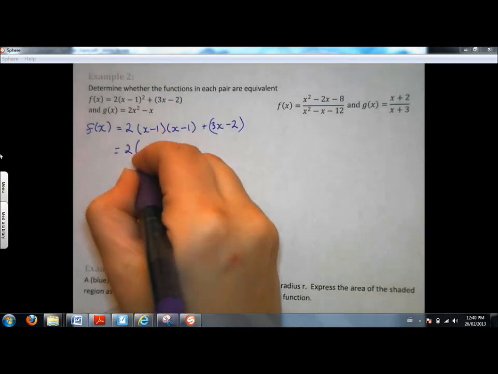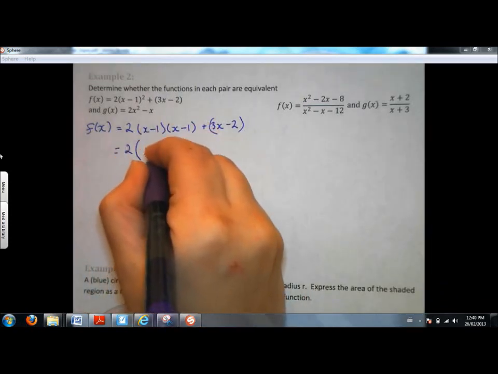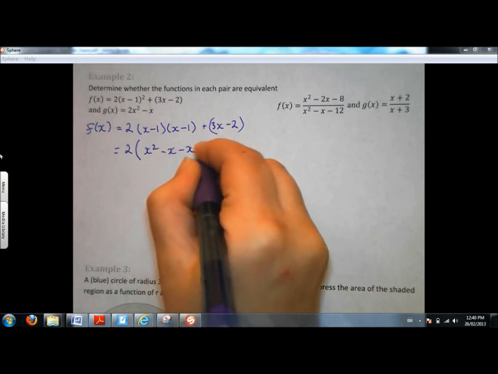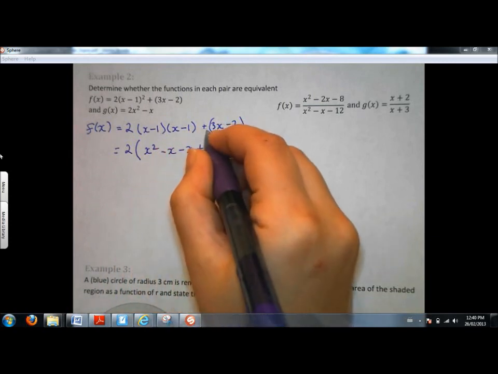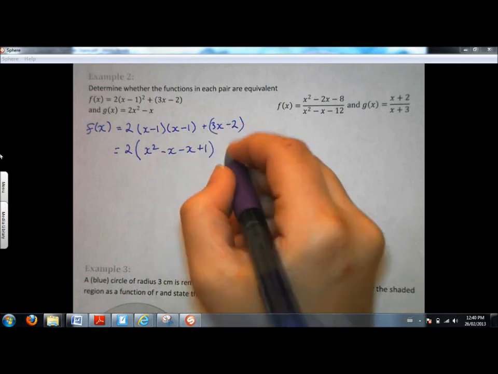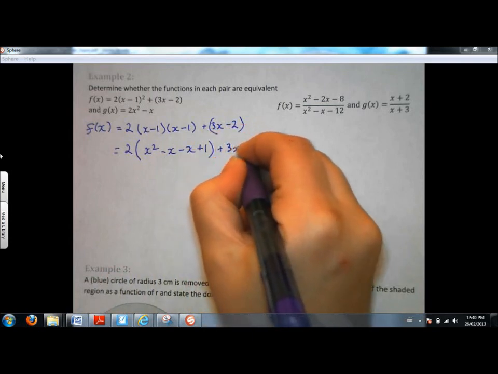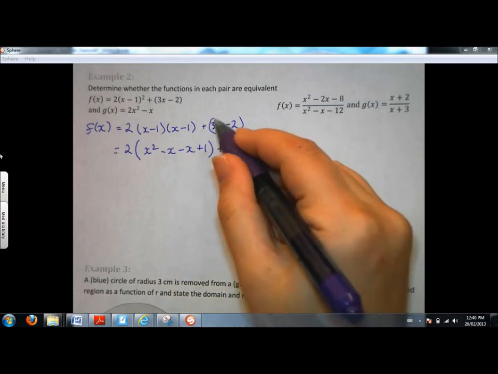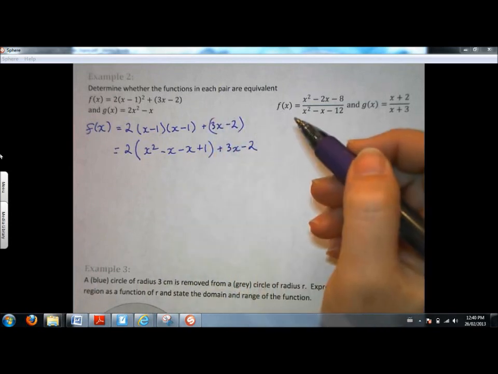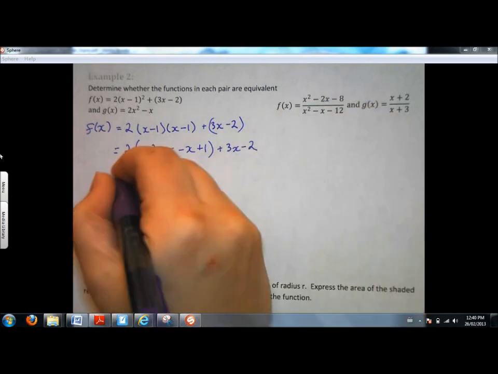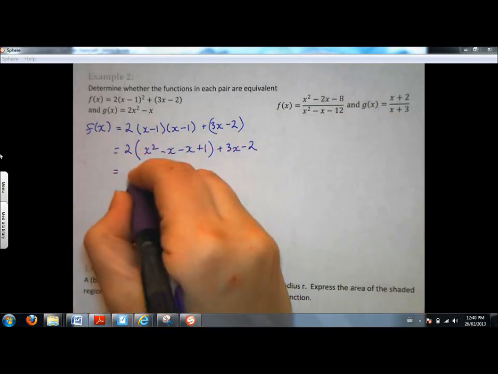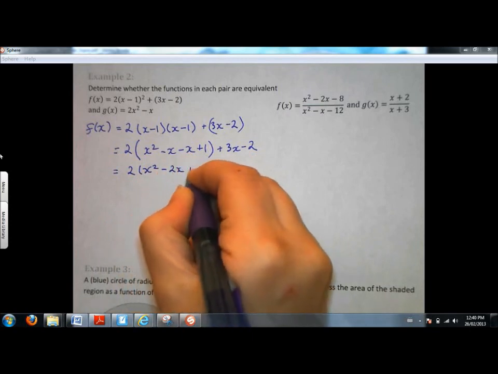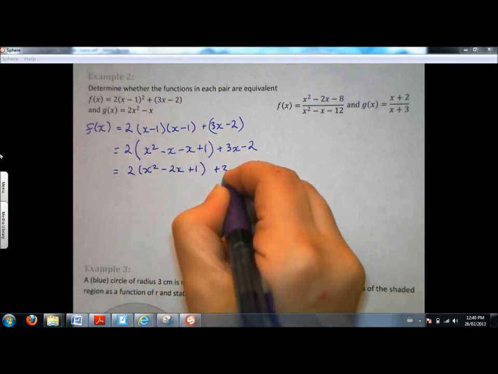I'm going to get 2 times x squared minus x plus 1. And see how there's nothing in front of this bracket, just a plus sign? This bracket I can just make go away. If there was something in front, then I'd have to distribute that to each of the terms inside the bracket. We're going to end up with 2 times x squared minus 2x plus 1 plus 3x minus 2.